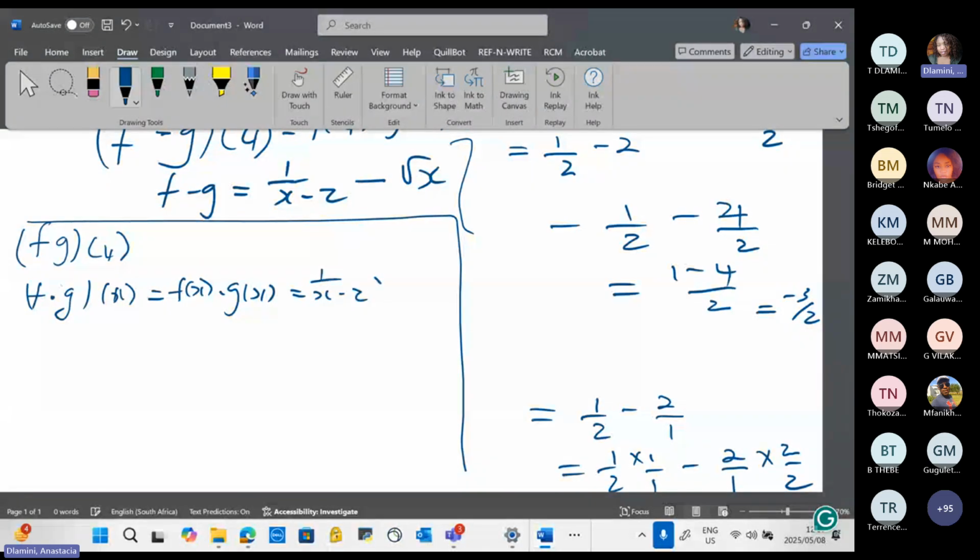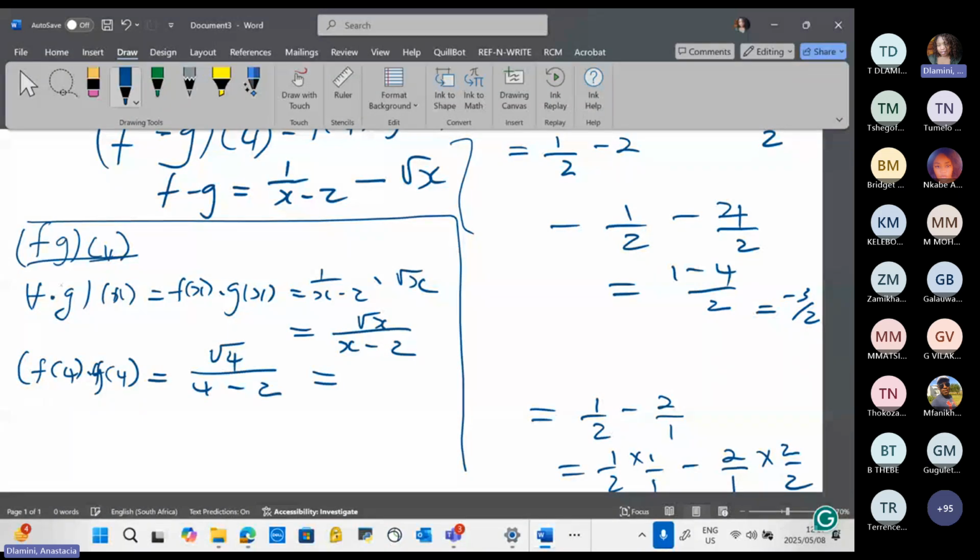So this is the square root of x over x minus 2. Evaluating at 4, we say f at 4 times g at 4. So this is the square root of 4 over 4 minus 2. This is equal to 2 over 2, which equals 1.